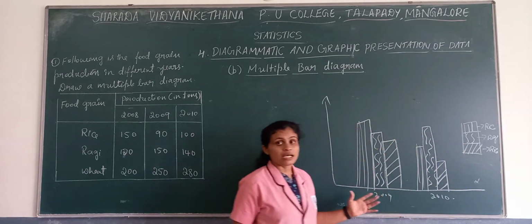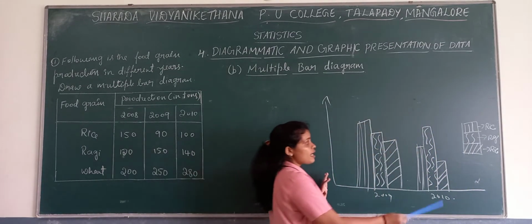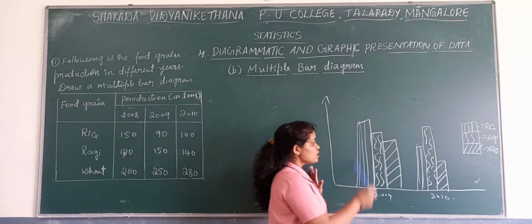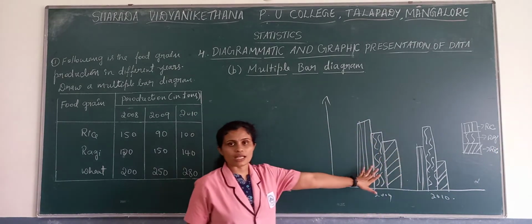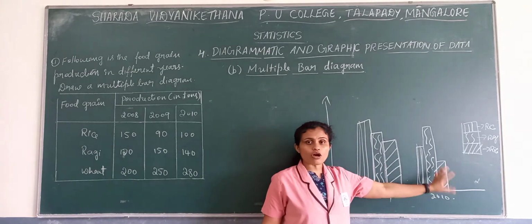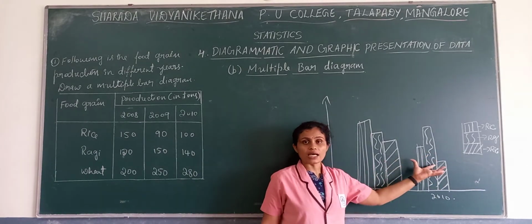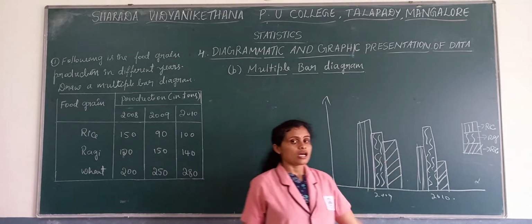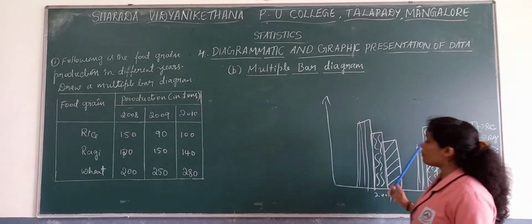These are the different sets of interlinked data. And an index is shown for easy reference, and different shades or colors we give for the purpose of differentiating between the given data. So this is about multiple bar diagram.